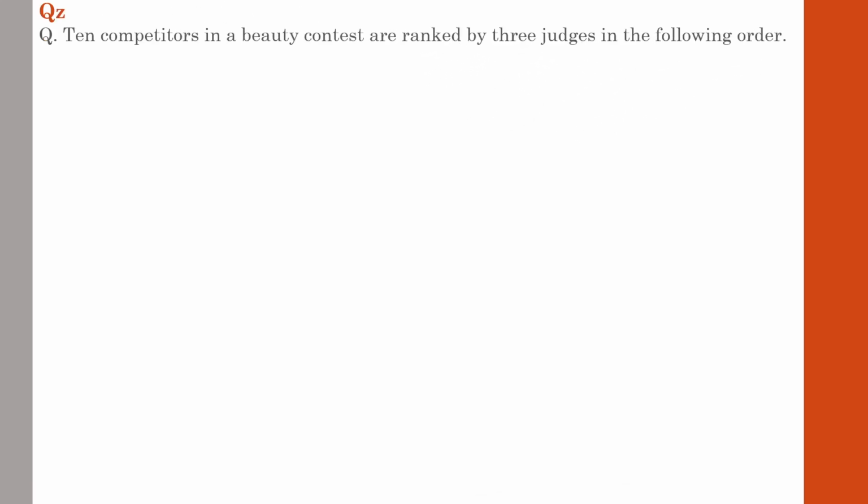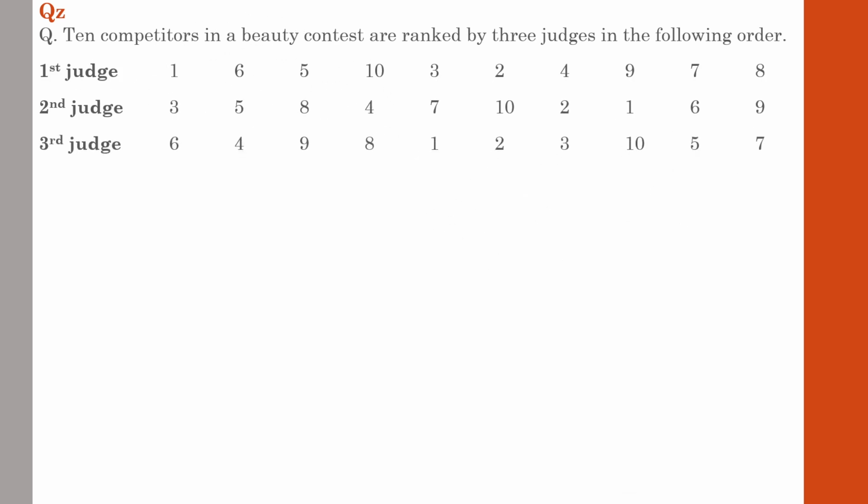A case: 10 competitors in a beauty contest are ranked by 3 judges in the following order. The rank given by the first judge, the rank given by the second judge and the rank given by the third judge. Use rank correlation to discuss which pair of judges have the nearest approach.